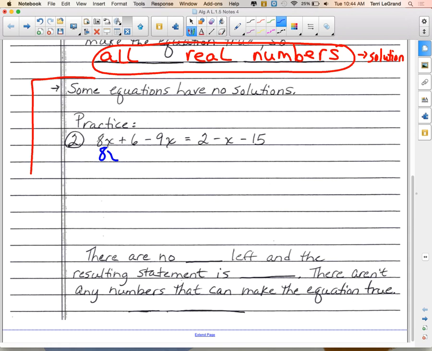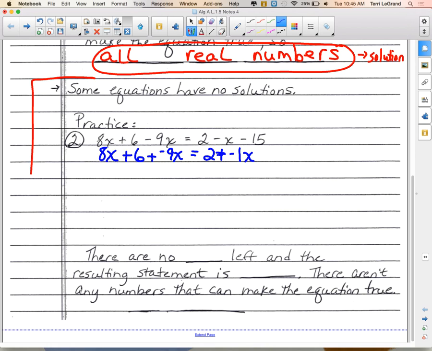So 8x, we got an addition, we don't need to change that one. We have a subtraction, we need to change it to add what? Okay, what is it? Negative 9x, okay? And then on the other side, what do we have? 2 plus negative 1x.